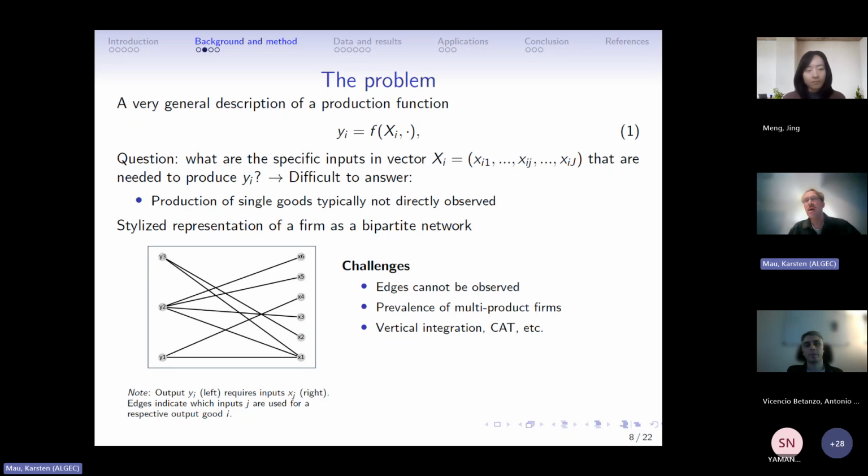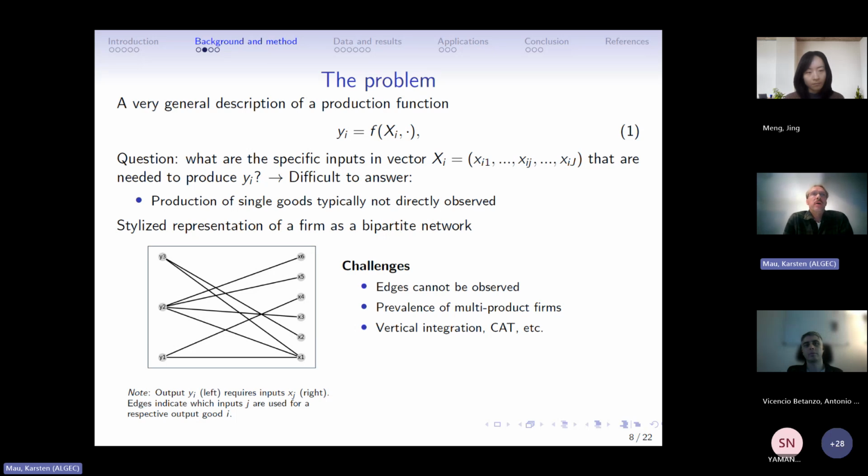Then there's this issue called carry-along trade. That's something that has been documented in the firm-level trade literature for a couple of years already. We know that whenever we observe international trade data of firms, sometimes firms export products that they did not produce.